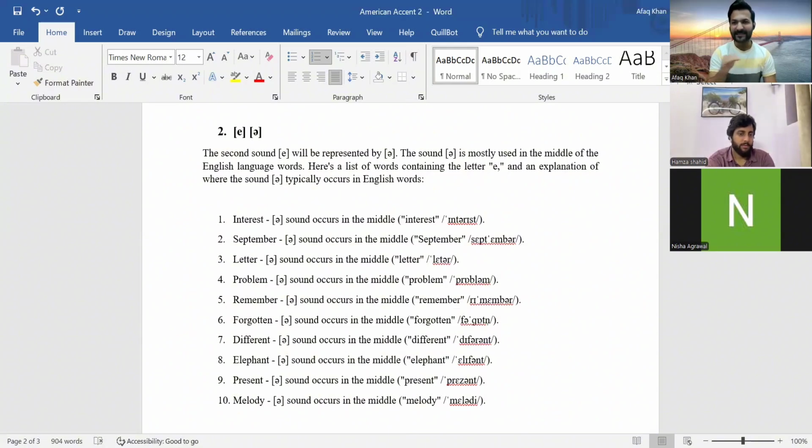Look, we are studying the sound which is placed in the second or the middle of the word. So I find that after S, the E is where it applies. Oh, okay. That is E. Very good.